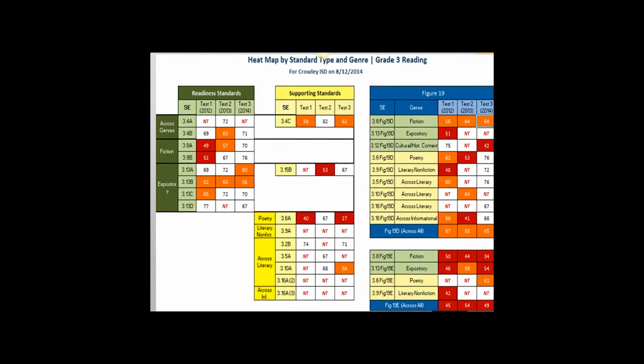We will begin by studying our Grade 3 heat map by standard. In Unit 3, for reading, our primary focus is expository text. So let's take a look at our expository XCs to identify our hotspots. 3.13 is a hotspot, as is 3.13b.